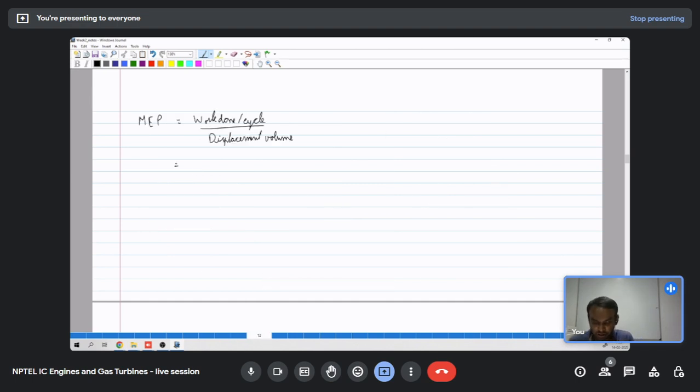So substituting here, we have 404,710 joule per kg divided by displacement volume, which is 0.712 meter cube per kg. So kg gets cancelled, we have joule per meter cube, which is the general notation we use for the MEP, work done by displacement volume.